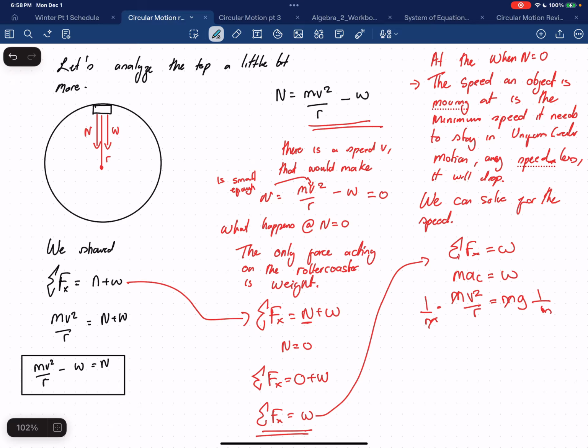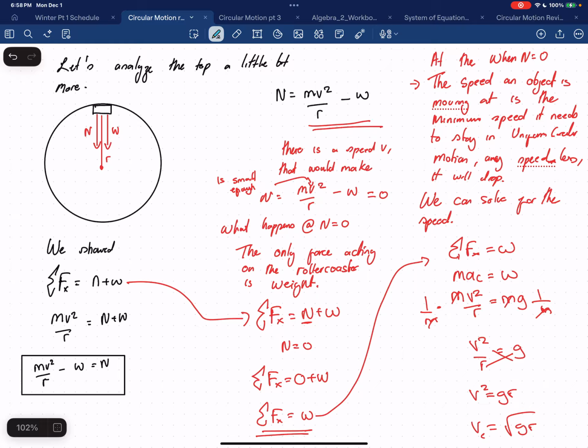So mass doesn't matter. Interesting. So v squared over r equals g. I can cross multiply, and v squared is equal to g times r. And then I can square root that and get v is equal to the square root of g times r. And that here is called our critical speed.